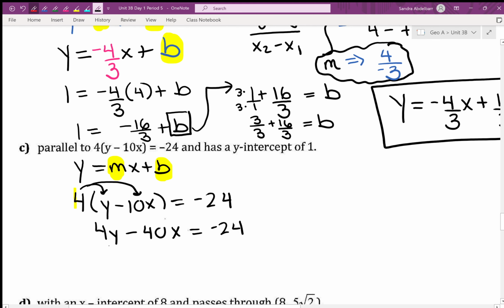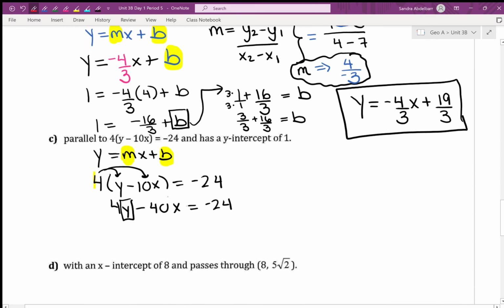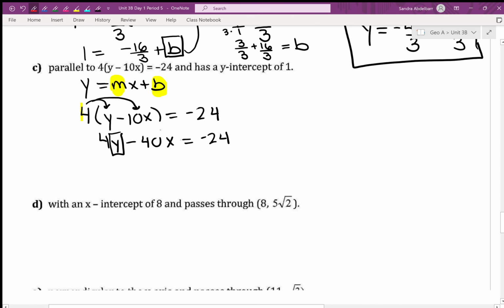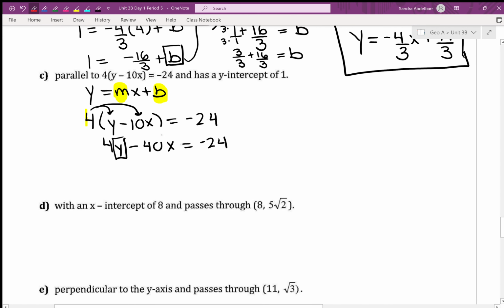My goal is to get y by itself. What should I do now? Rach? Add the 40x to the other side. Perfect. We're now going to add the 40x to both sides. So we're going to have 4y. Which should I put first, the negative 24 or the 40x?